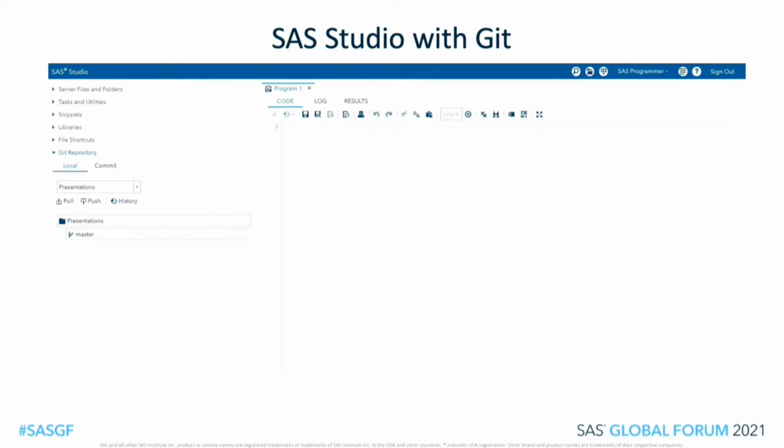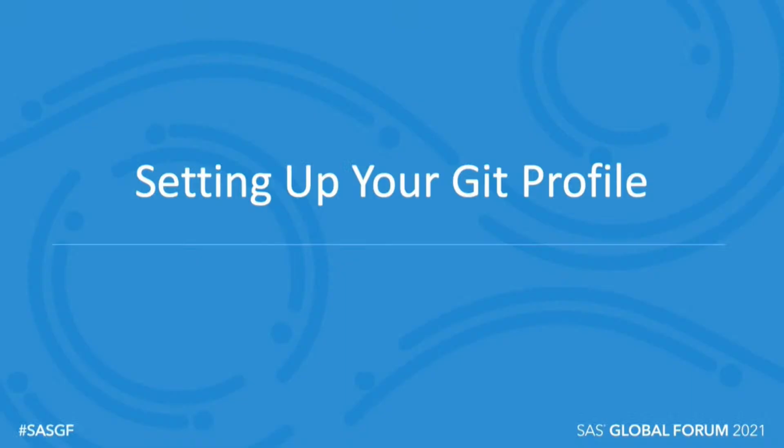Even better, if you already use Git and have it installed locally, this is fully compatible with that workflow. Use the parts of this that are helpful, and use your already existing workflow for the parts that you prefer to use that for.